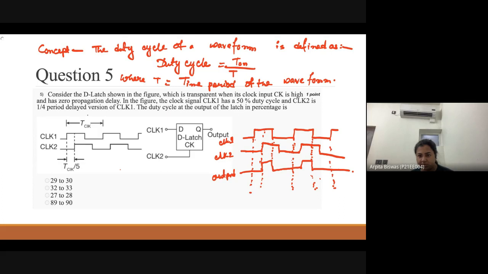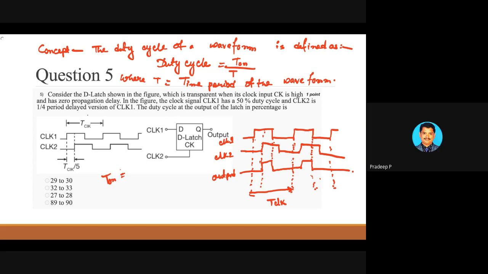So up to this is called T clock, right? Now we just have to find out the T1 by T clock. So what is the value of T1 from here? Tell me how you will find out the value of T1.